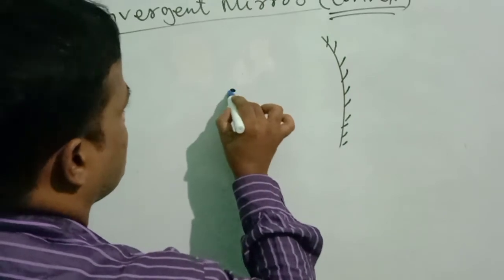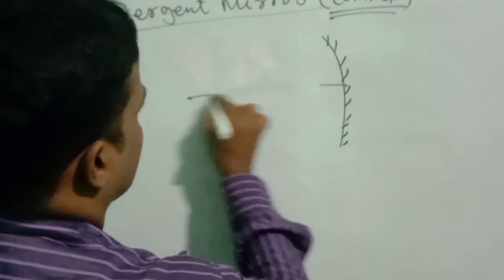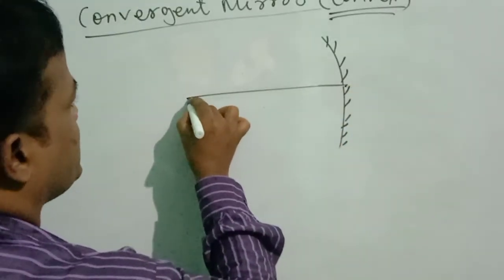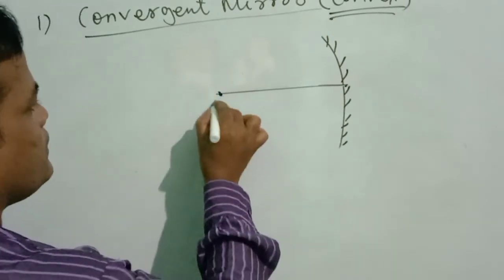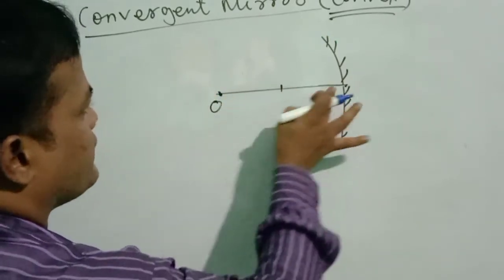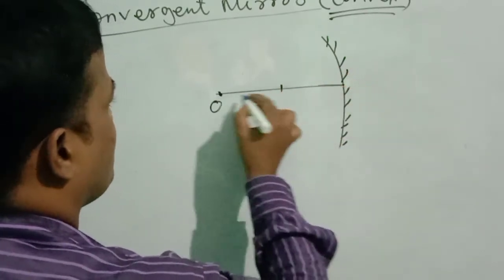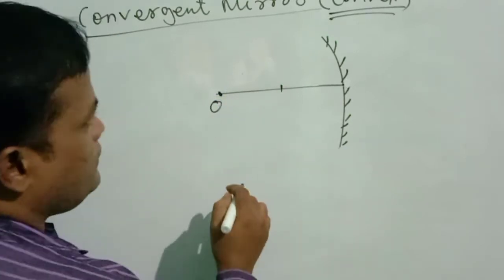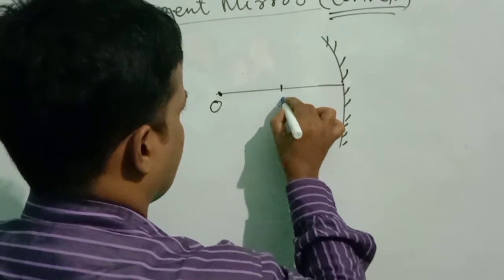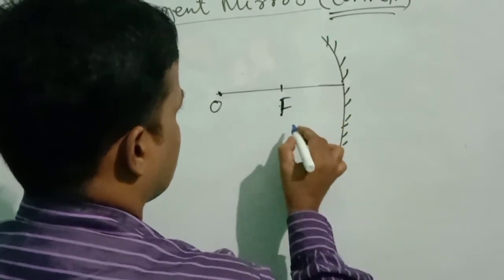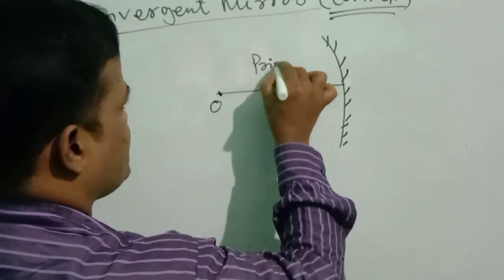Suppose here is the center, this is half of the center, this is your optical center. Here in this case this is your focal point, the focus, and this is called the focal length.